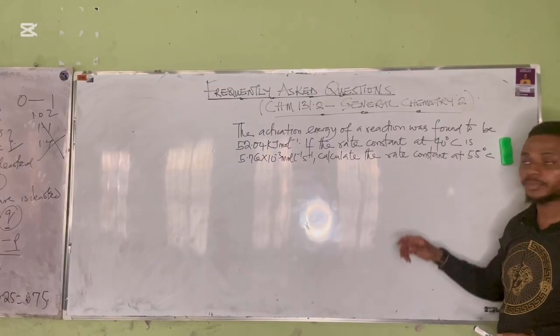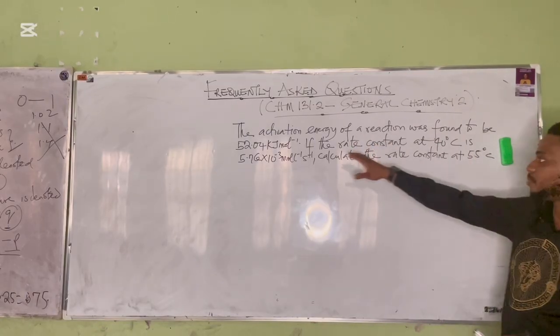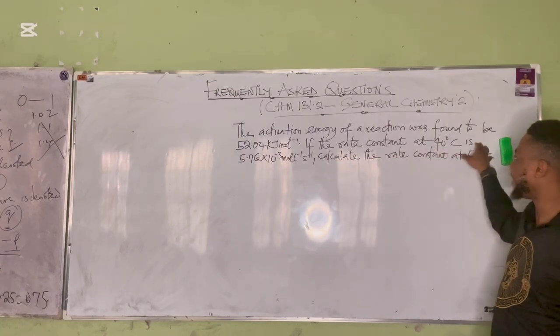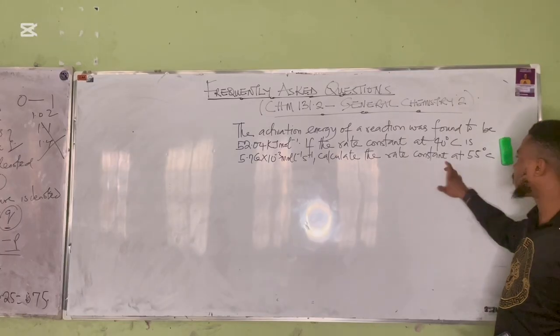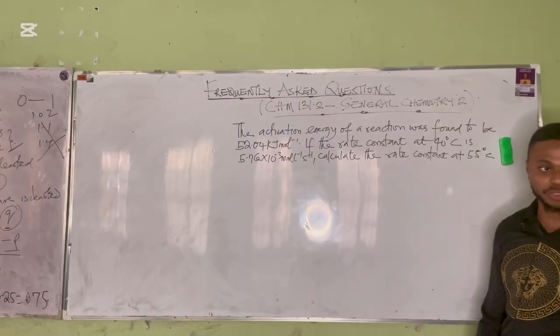All right, so we have a question here. The activation energy of the reaction was found to be 52.04 kilojoules per mole. If the rate constant at 40 degrees Celsius is that, calculate the rate constant at 55 degrees Celsius.